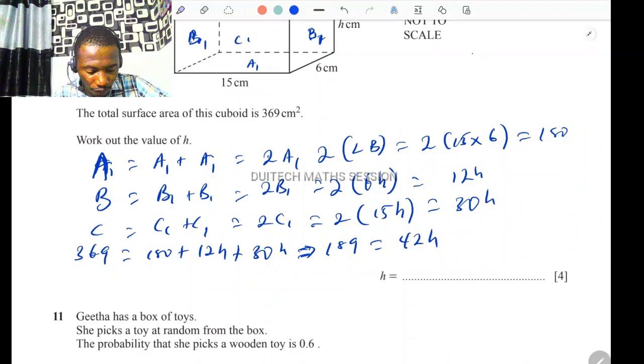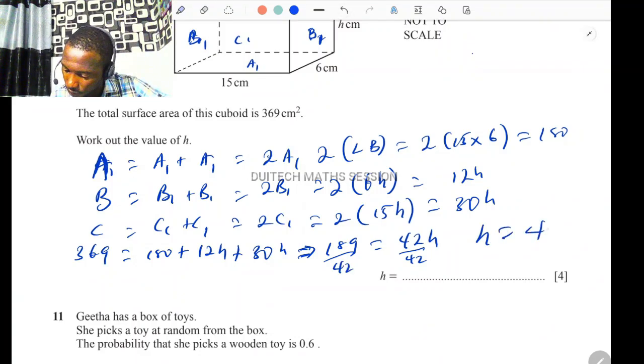So divided by 42, your H is equal to 4.5. So you now write 4.5 here.